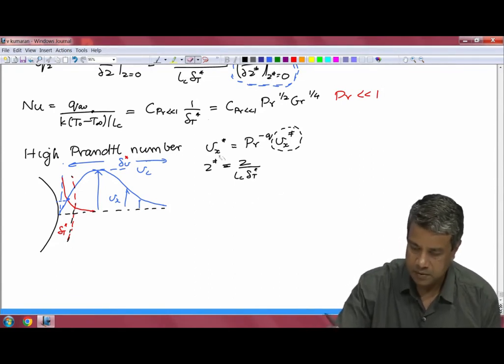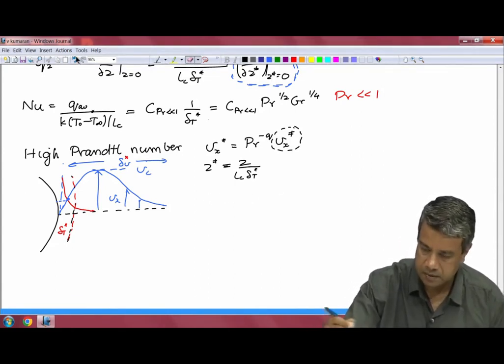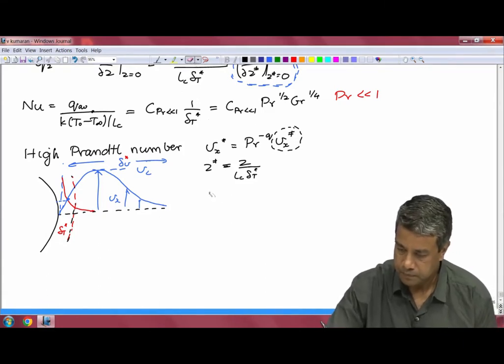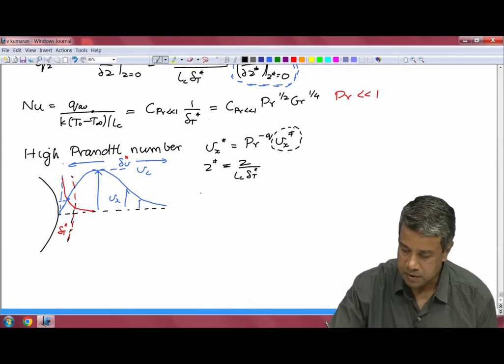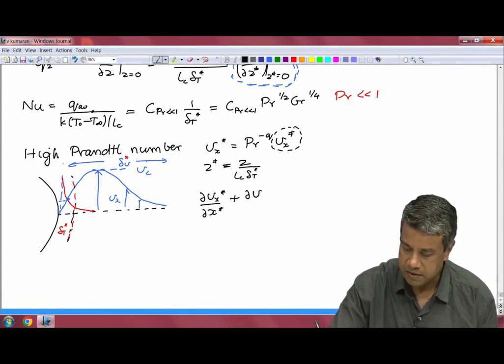Or let me just back up. We require that within this boundary layer region, partial Vx star by partial x star plus partial Vz double dagger by partial z double dagger has to be equal to 0.